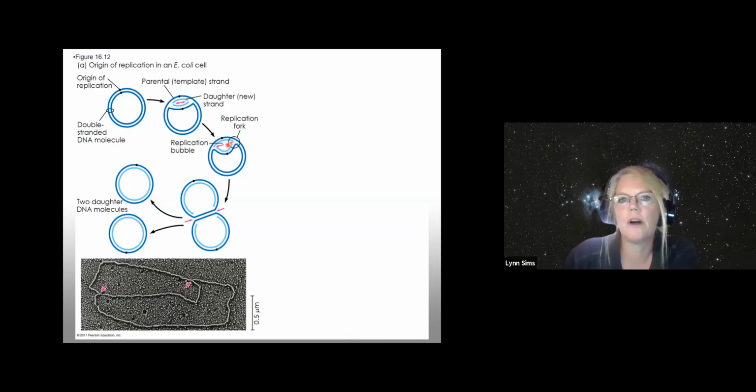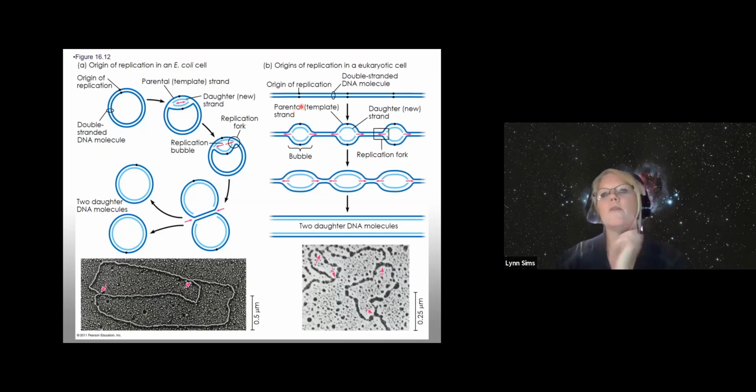Okay, so DNA replication is going to occur all the way around this molecule until it meets the one that goes in this direction. In eukaryotic cells, remember, they only have linear chromosomes and there are ends to them. Okay, it's not a circle, right? So they're linear and there's ends to them, and they're a lot larger than the bacterial cells. Well, in eukaryotic cells, there are multiple origins of replication.